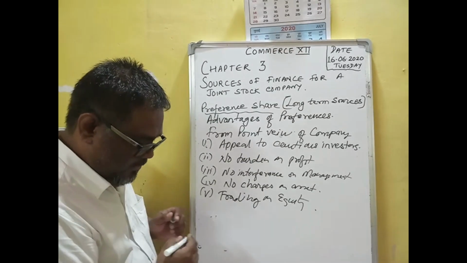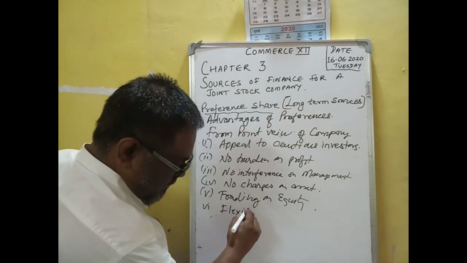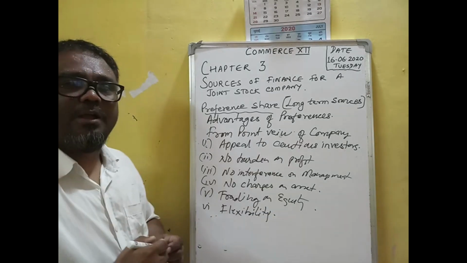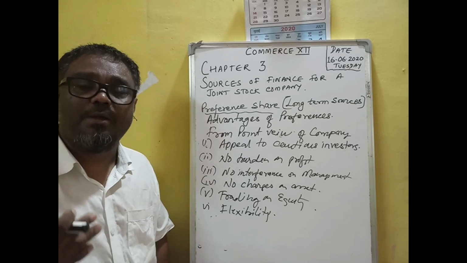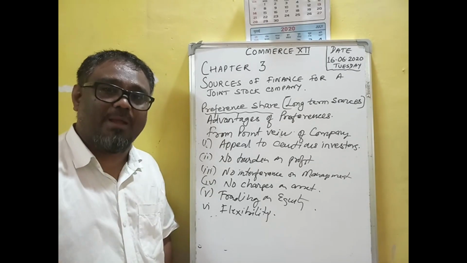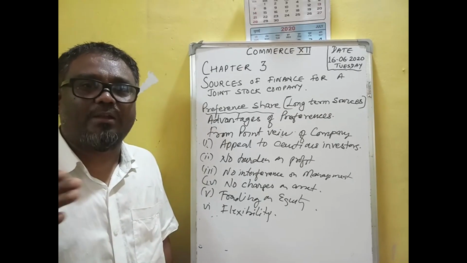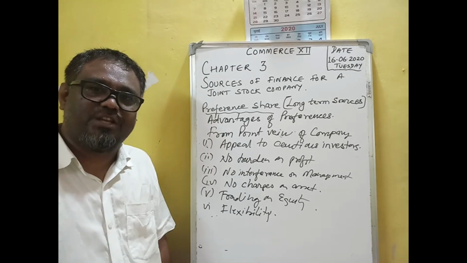Number 6 is flexibility. Most preference shares are redeemable. It is not a permanent capital like redeemable preferences. So when the company wants capital, it can issue more redeemable preference shares and increase the capital.